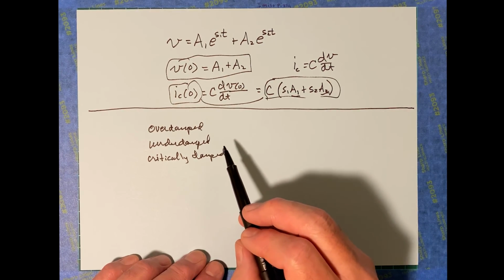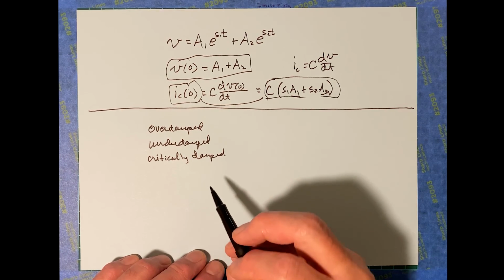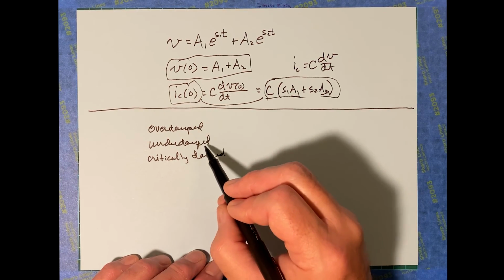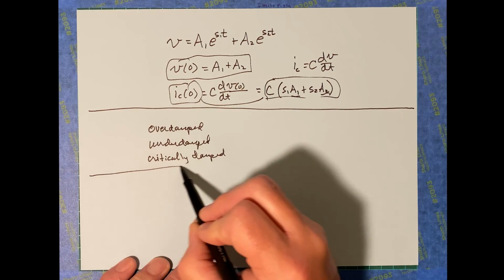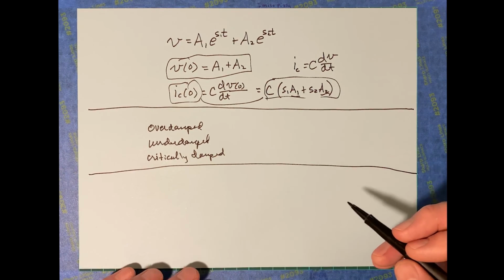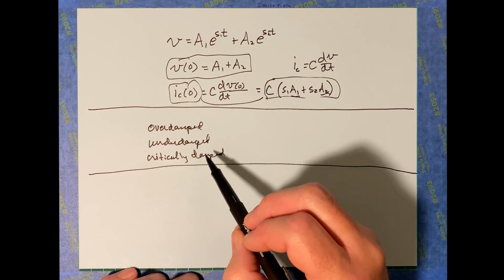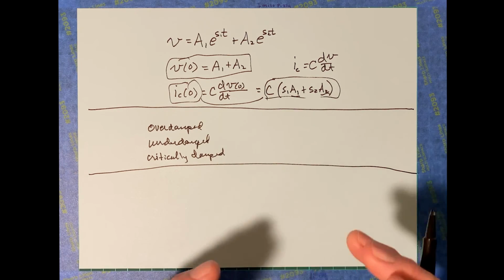No, they don't look slightly different. They look significantly different. And we're going to step through each of these three cases over the next video, and I'm going to show you how these three cases look differently.